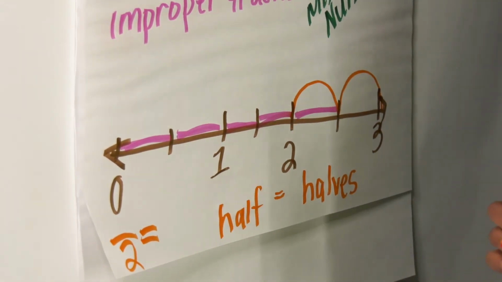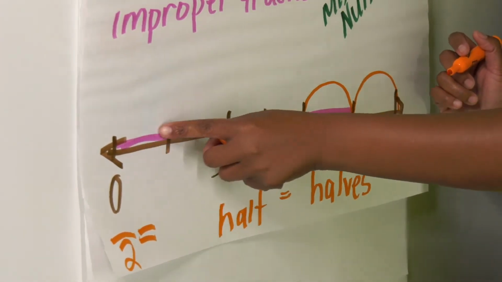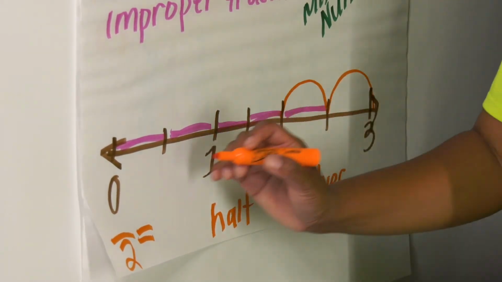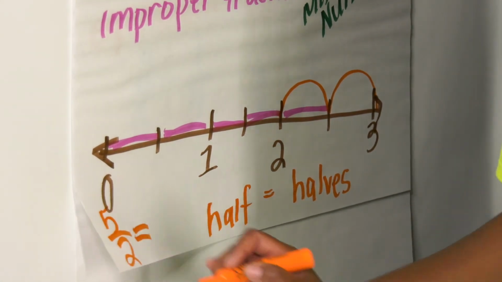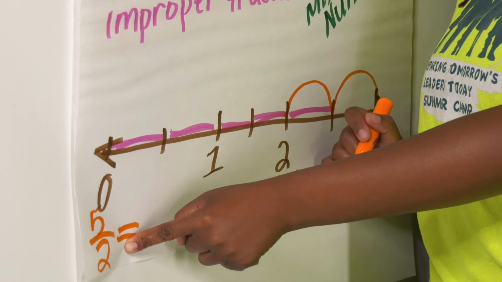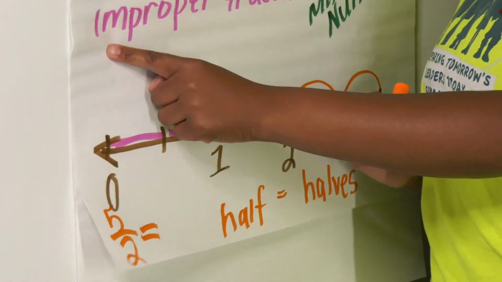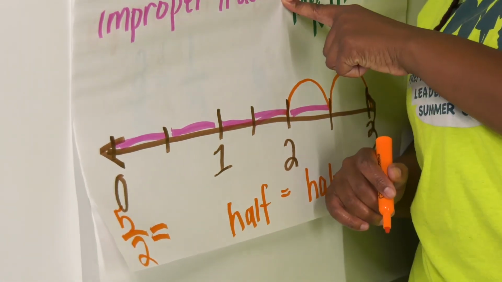And out of the 2, my halves, 1, 2, 3, 4, 5 parts were shaded on this number line. So that's 5 halves. If you remember, when our numerator is bigger than our denominator, that is an improper fraction.